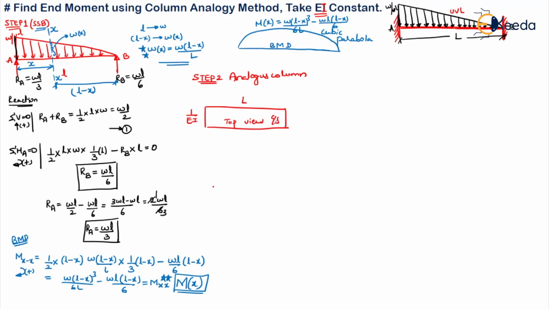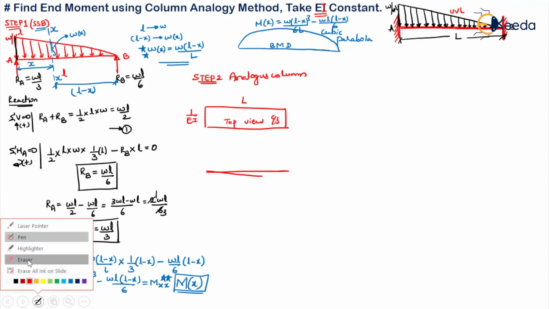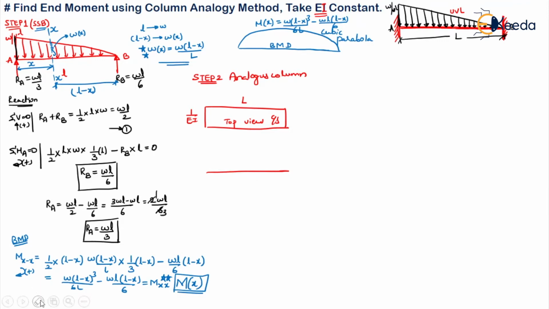So this is your cross section. Then take a short column in the front view. So how will it look? This is your short column. The length is L, the height is short.